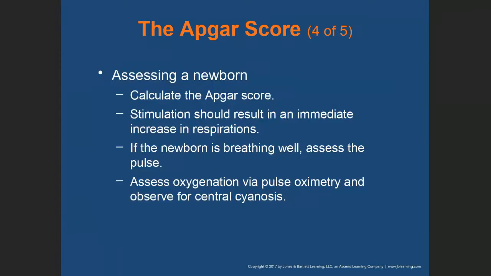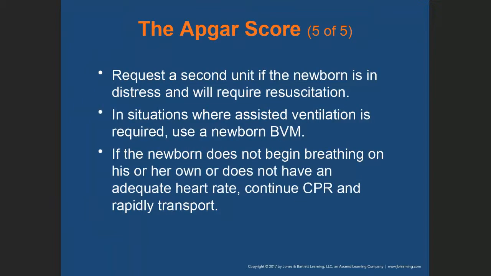Assessing a newborn, calculate the APGAR score. Stimulation should result in an immediate increase in respiration. If the newborn is breathing well, assess the pulse. Assess oxygenation via pulse oximetry and observe for central cyanosis. Request a second unit if the newborn is in distress and will require resuscitation.